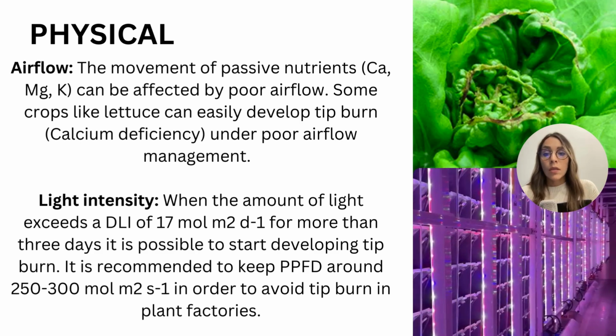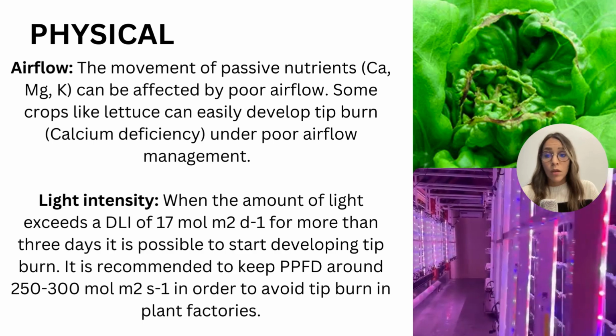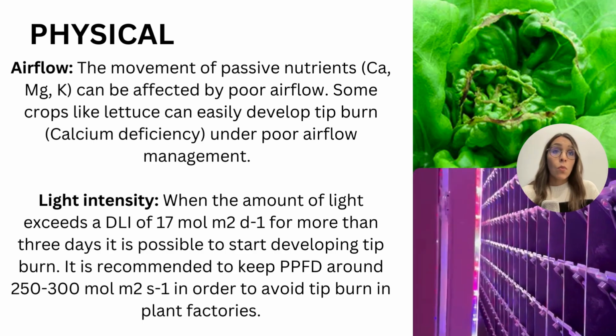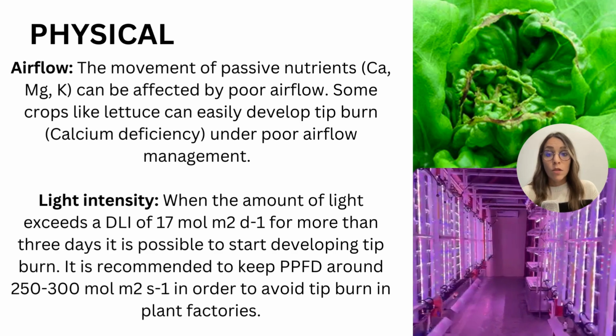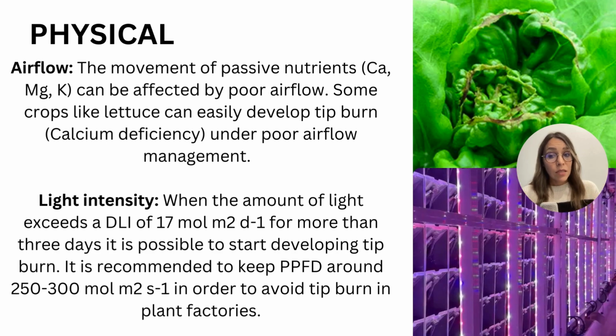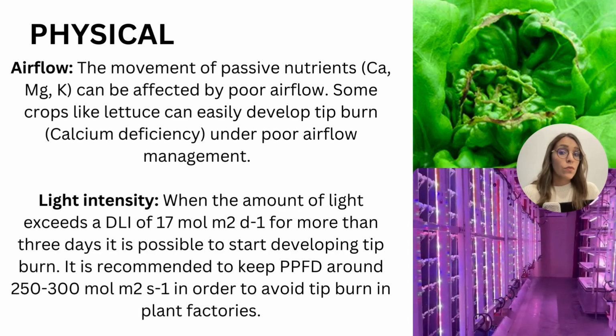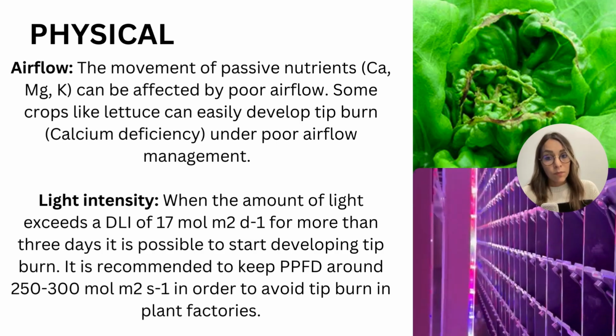So we recommend a light intensity that goes from 250 to a maximum of 300 PPF, which is micromoles per square meter per second. If you have something higher than that, you need to work a lot with your photoperiod in order to avoid calcium deficiency.